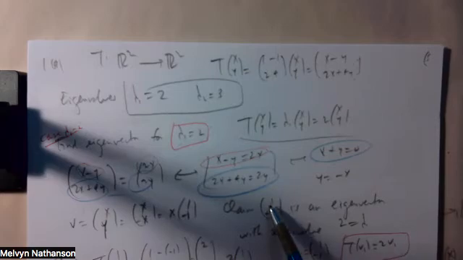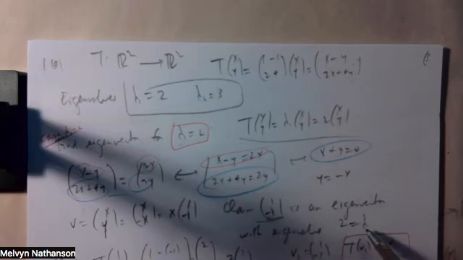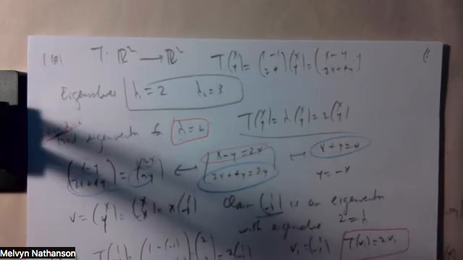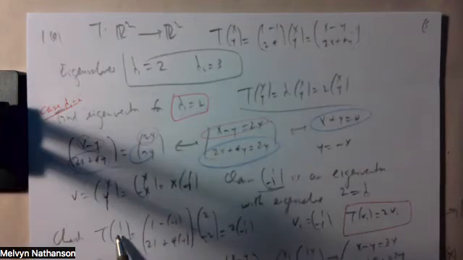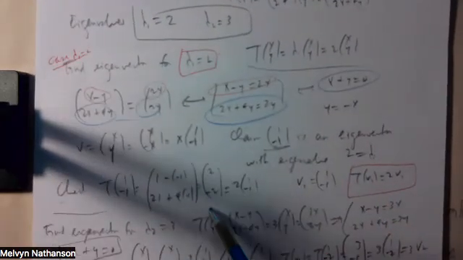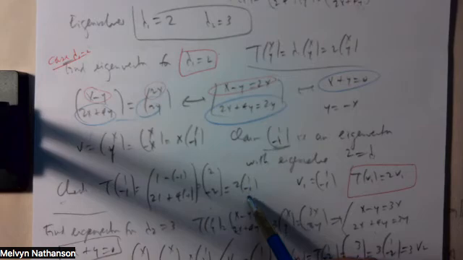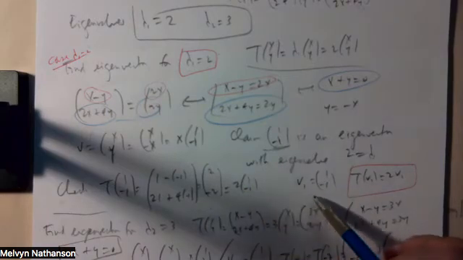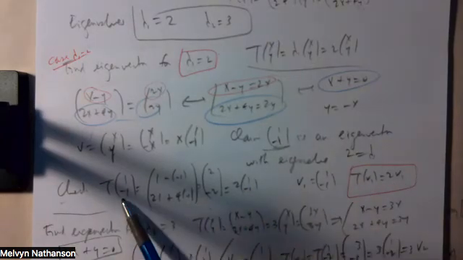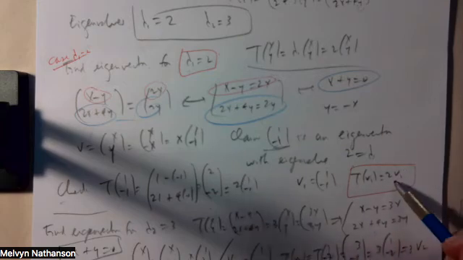You take (1, minus 1), (2, minus 2), (7, minus 7). They're all scalar multiples of each other. But I want to show that this is in fact an eigenvector with the eigenvalue 2. So this is just my check. What is T applied to this vector (1, minus 1)? When I put it into my formula for T, I get (2, minus 2), which is 2 times (1, minus 1). (1, minus 1) is this vector v1, so T of vector v1 is 2 times v1.